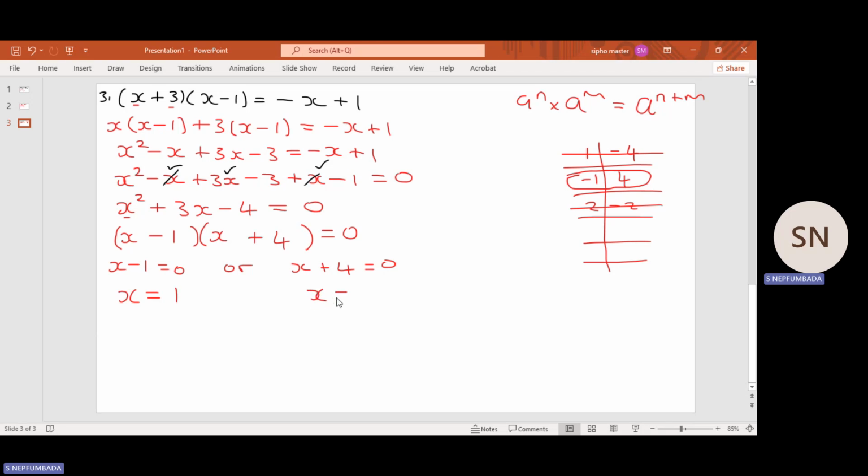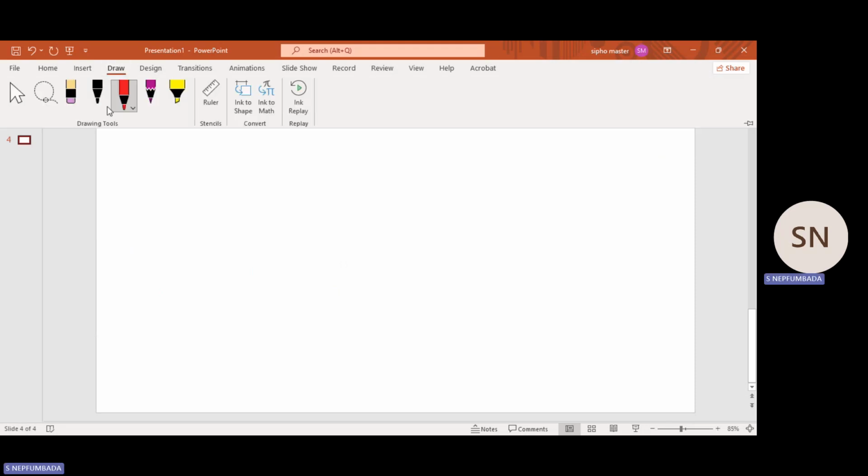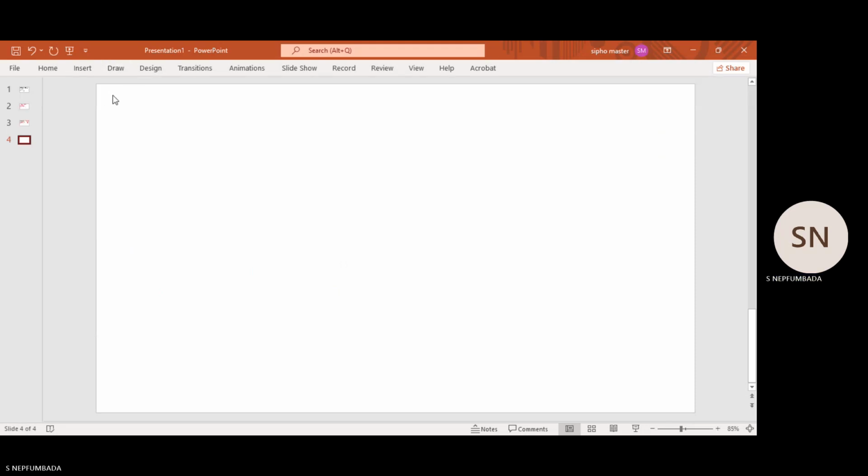If it is positive at that side, then at the other side it's going to be negative. Are we still together? So now let's proceed to the next equation. I hope you understand.